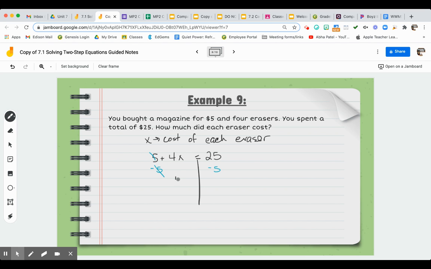So you're going to get 4X is equal to 20. Divide by 4. So X equals 5. So each eraser costs $5.